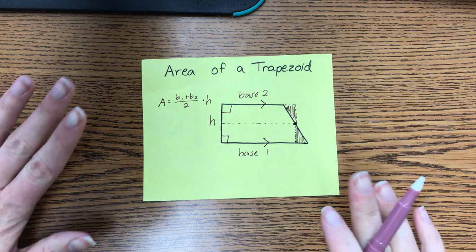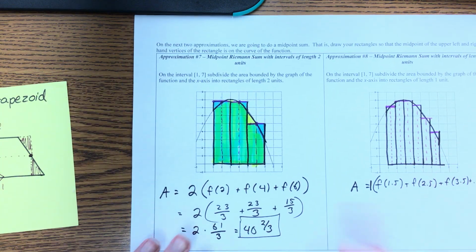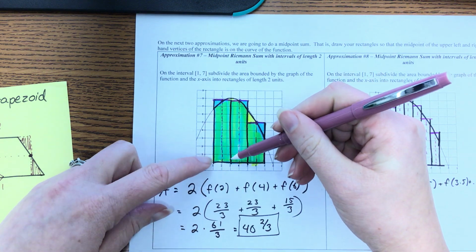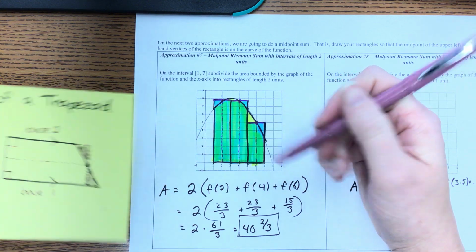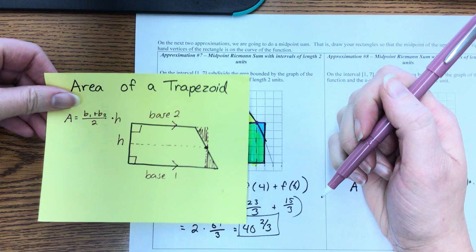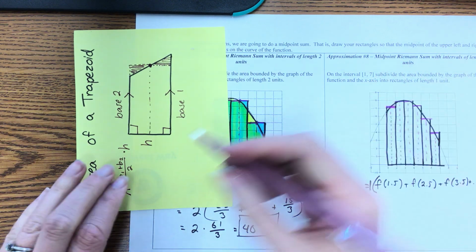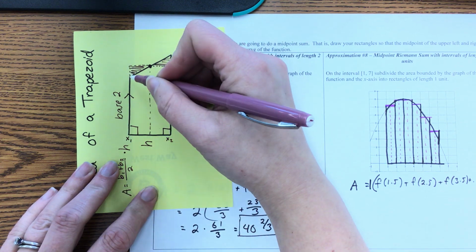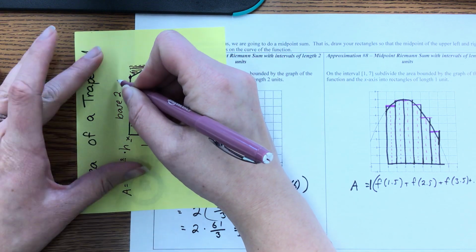Now, when we draw those rectangles or trapezoids or whatever, the height is going to be along the x-axis, and the parallel sides are going to be those vertical lines. So this is not exactly what our shape is going to look like. We're going to rotate it so that the trapezoid looks like this. So this is our x values, x1 and x2, and then the base lengths are going to be the y values.